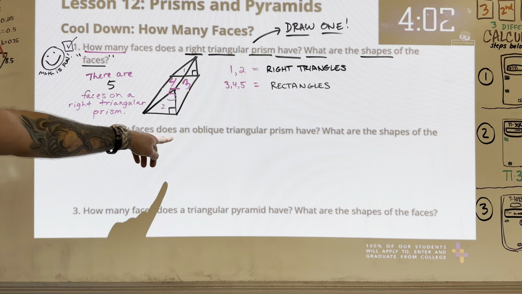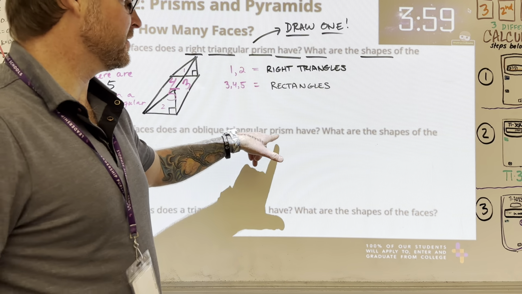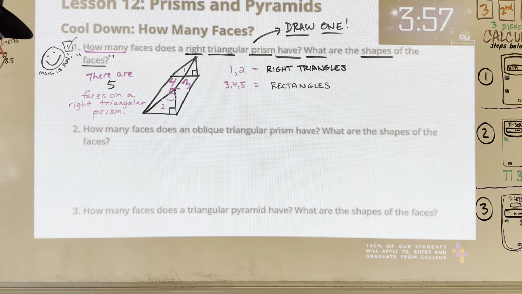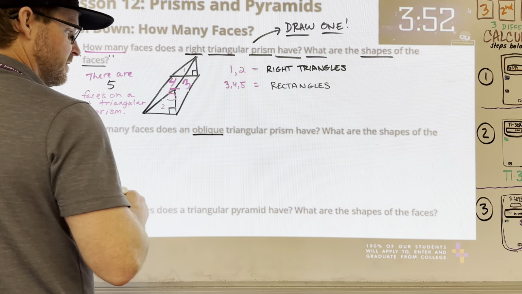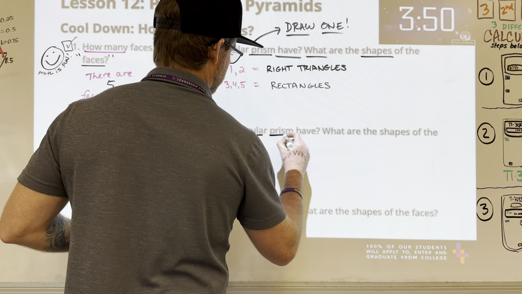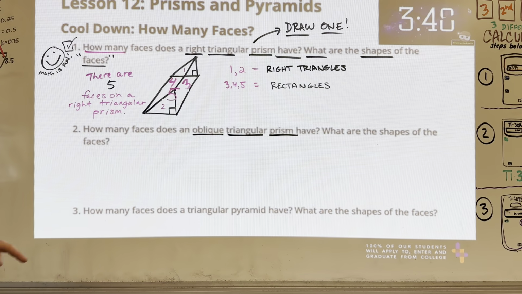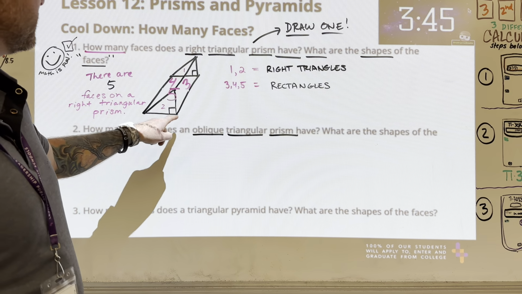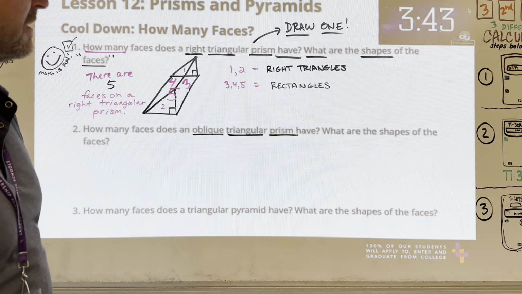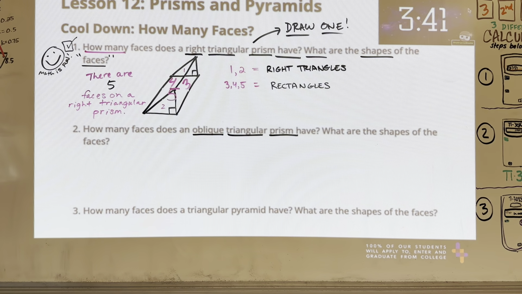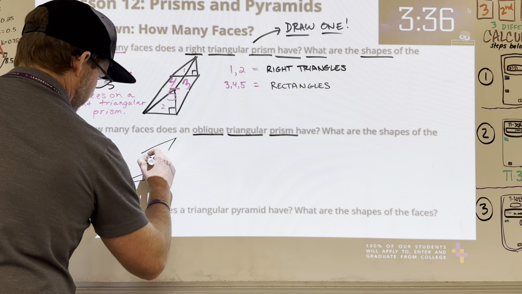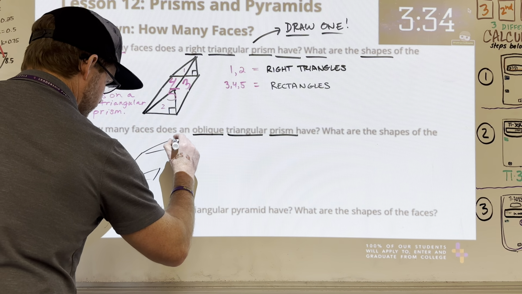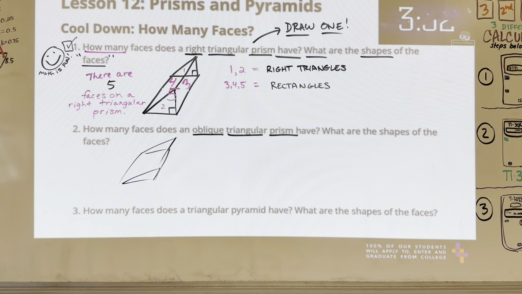Okay, how many faces does an oblique triangular prism have? Notice they did not say right, so you don't necessarily need right triangles. Here's an oblique triangular prism.